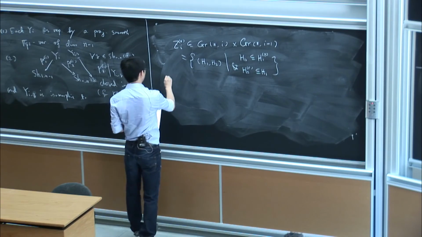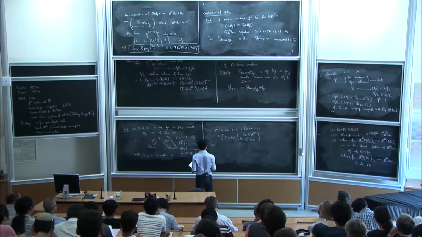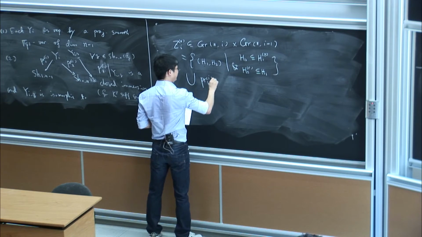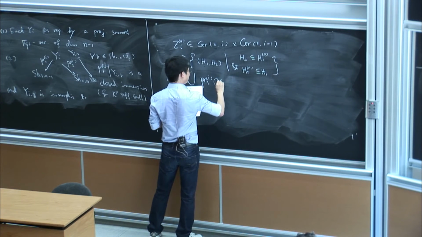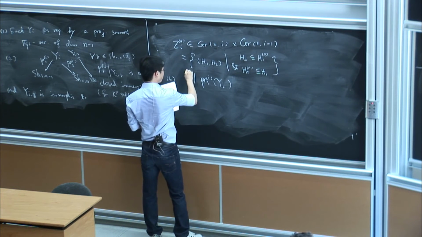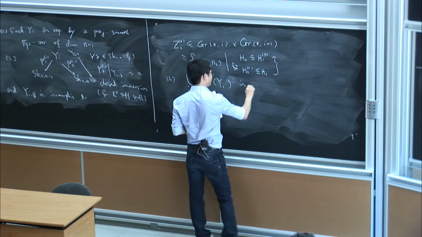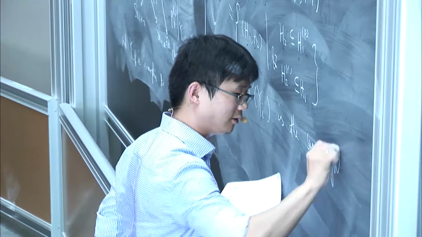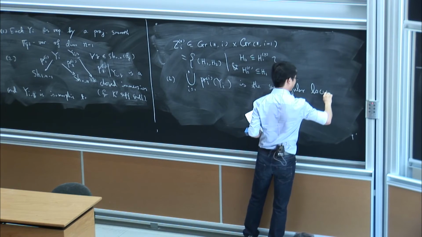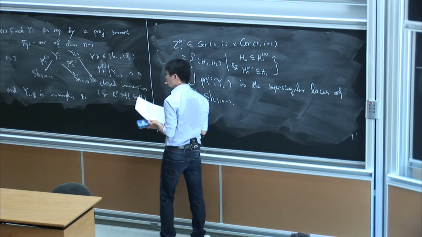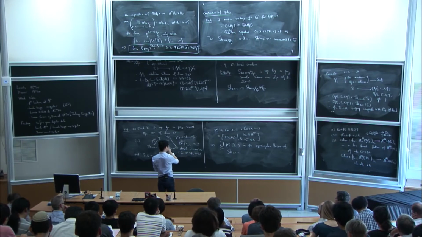And finally, if you take the union of all these cycles, then you get exactly the supersingular locus of the big Shimura variety.